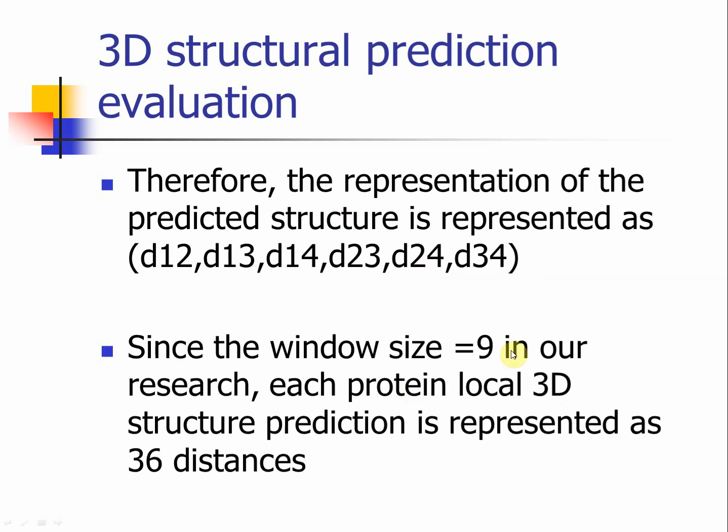In our experiment, the window size equals 9. That means we need to store 8 plus 7 plus 6 plus 5 plus 4 plus 3 plus 2 plus 1 distances, equal to 36 distances. Of course, because they are in 3-dimensional space, the distance calculation formula that we choose is going to be Euclidean distance.